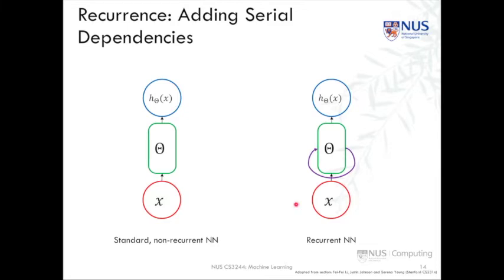This representation is a diagram that you might see on other websites, but it's not very clear, I think, from this architecture exactly where this purple arrow goes to. What does it mean for the output of the neural network to go back to itself? So let's get more specific about that.